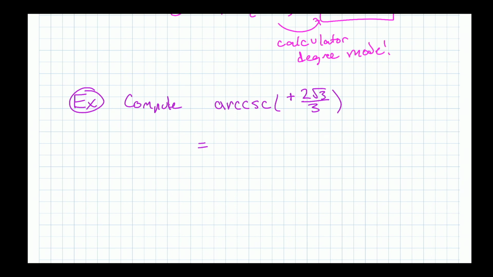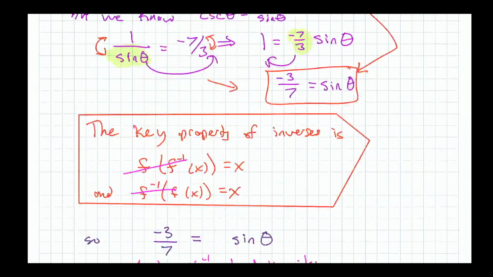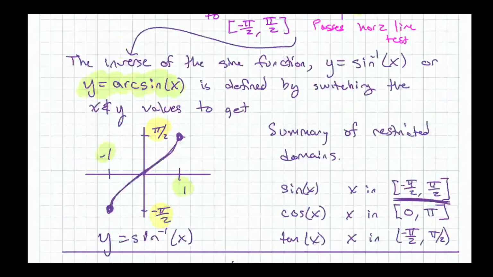All right, so let's say we have to compute this and we want it exactly. So we're using the table, not a calculator. So arc cosecant. Remember, that just means this. Same thing. And what you're going to do is find this in the table for cosecant. 2√3/3.